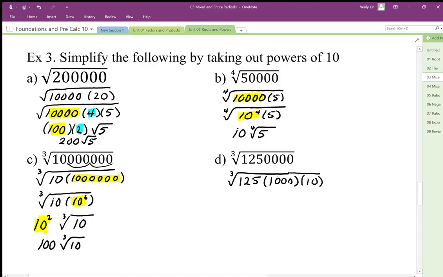So there's a perfect cube out of 10,000, out of 1,250,000. I'm going to pull out a 125 factor. That's a power of 3. So I'm going to rewrite this as 5 to the power 3, times 10 to the power 3, and times that extra 10.